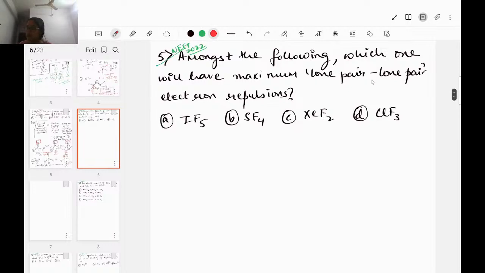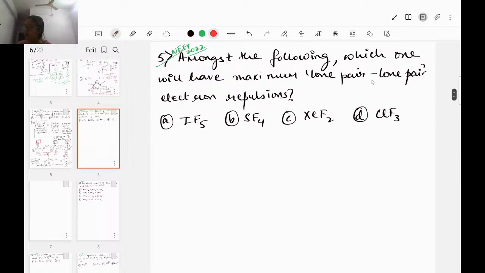Okay, yes. This is a very important question from NEET 2022. Amongst the following, which one will have maximum lone pair electron repulsion? Even if it is from NEET, it is a very important question for JEE as well. So among the following, which one has the maximum lone pair electron repulsion? Where do we encounter this word?